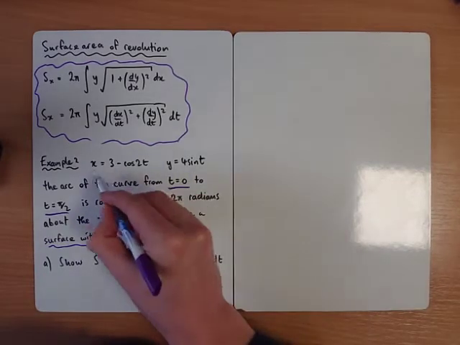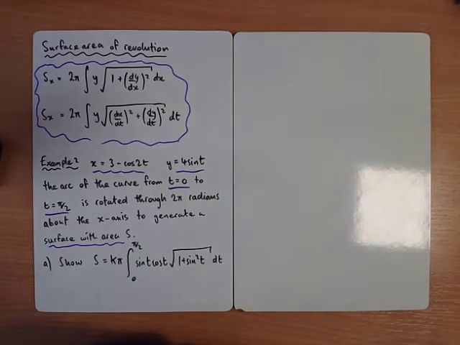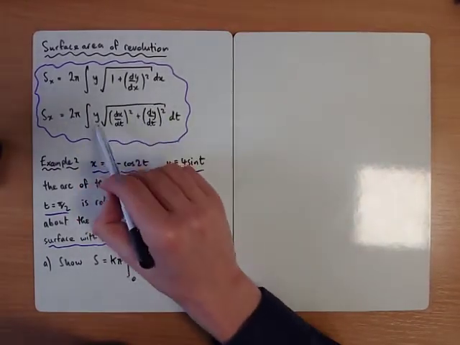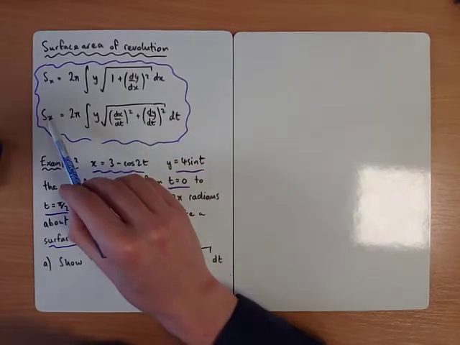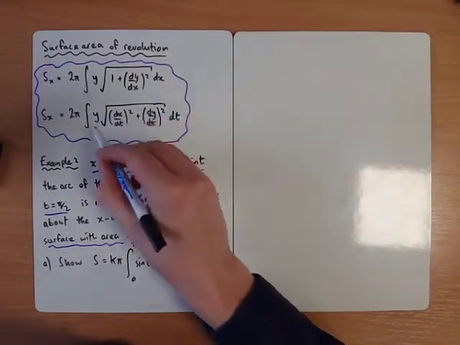So we've got parametric, we're thinking about the surface area, and we're aiming to show that the answer looks like this for the first part of the question. This one is the parametric version for the surface area. Don't just substitute everything in straight away.